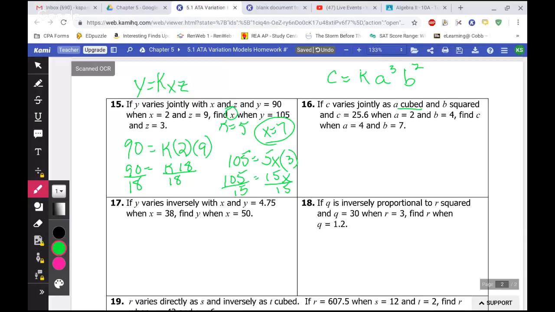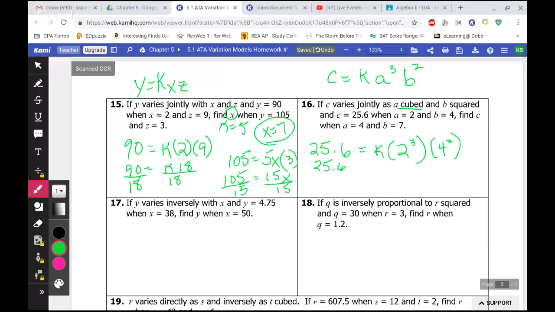Mm-hmm. Okay. So when C is 25.6, k, and then A, whoops, my bad, didn't mean to write A, wanted to write 2. 2 cubed, and then 4 squared. So now we're going to find out exactly what k is, and then we'll go back and work the other part.